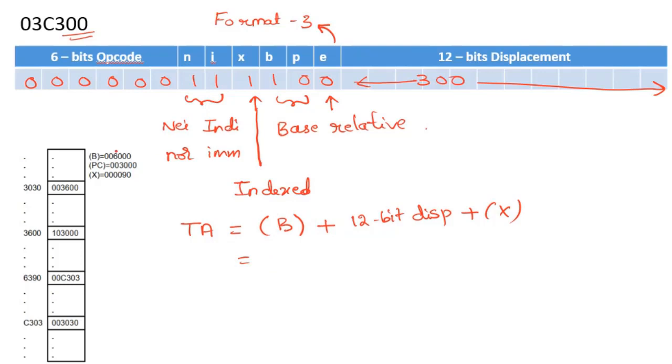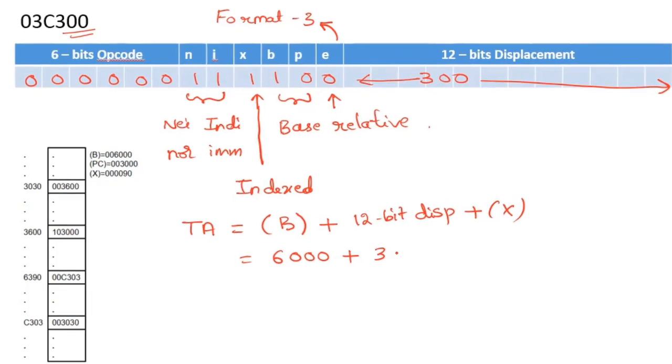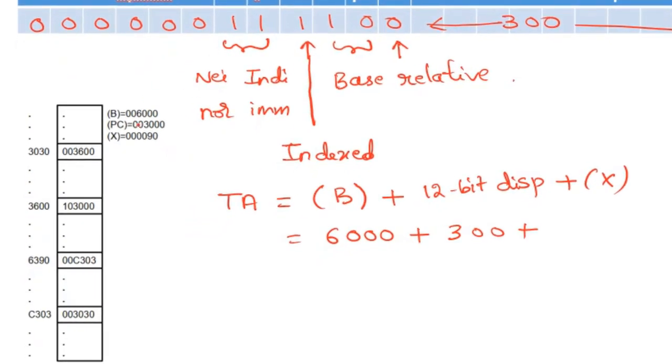What is the base register content? They have given it as 6000, plus the 12-bit displacement is 300, plus the index register content is 90. So if we add this up, we will get 6390. Please note these are all numbers represented in hexadecimal, not decimal.